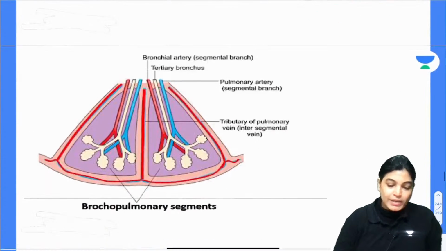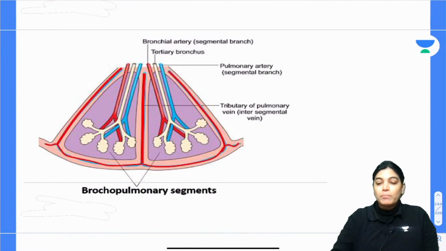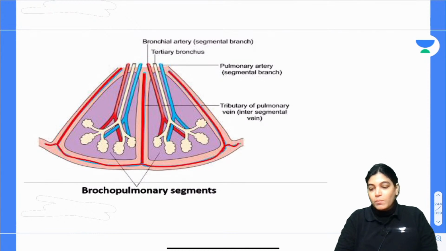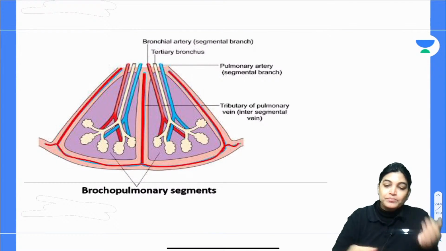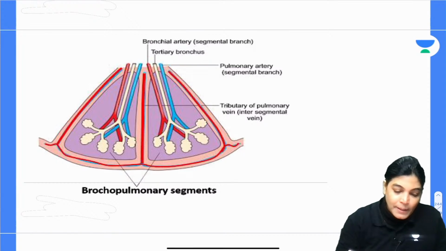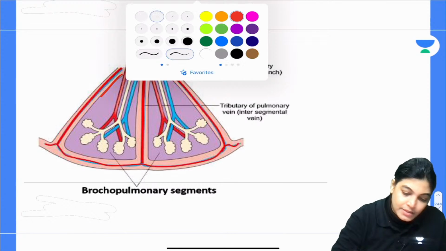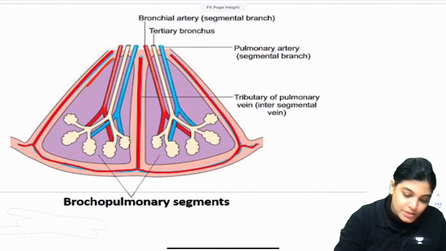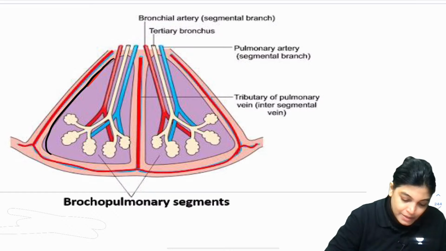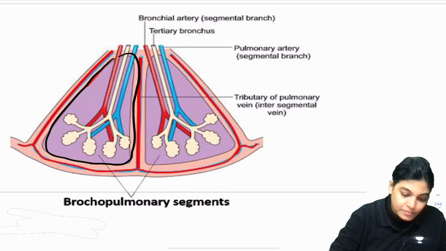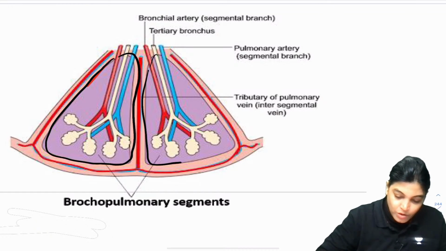Okay, let me show you a diagram which will help you understand the proper definition of the bronchopulmonary segment. So how many bronchopulmonary segments on the right hand and left hand side? We have 10 bronchopulmonary segments for the right side and the left hand side. Now, see here, this is one bronchopulmonary segment, and this is another bronchopulmonary segment.